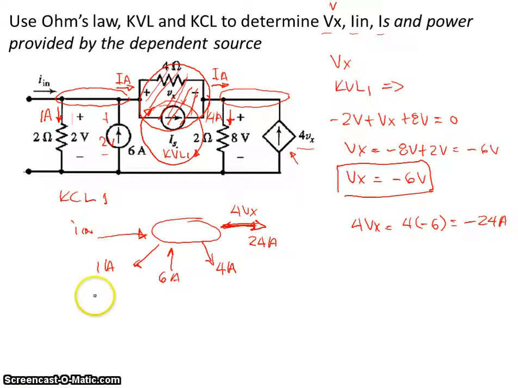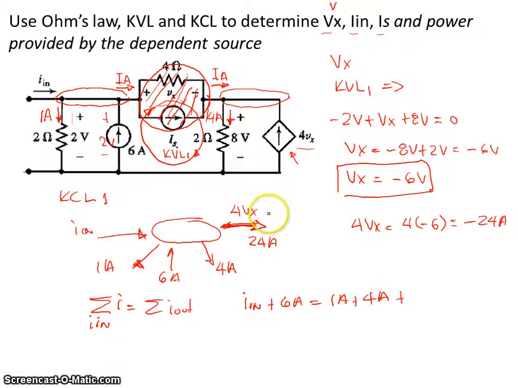So then we can write that the summation of current going in is equal to the summation of the current going out. The current going in is I sub in, and the other one going in is 6, equal to the currents going out, that's 1 amp plus 4 amps plus 24 amps.